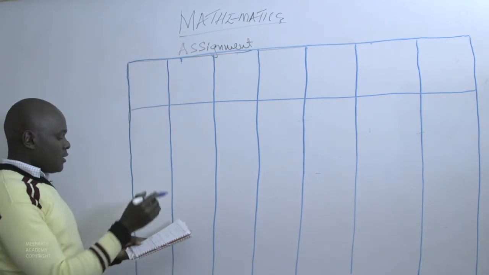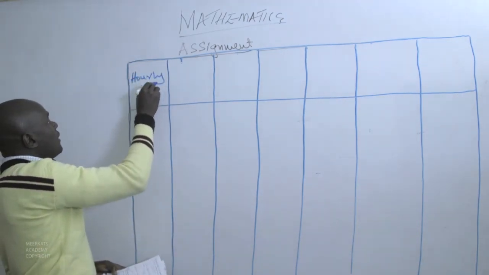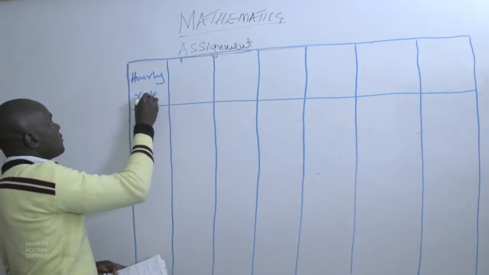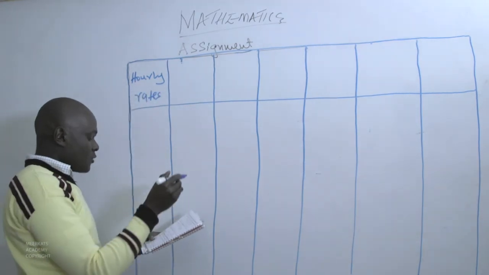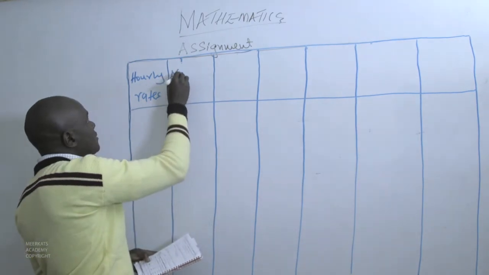So in the first column we have hourly rates. In the second column we have normal hours worked.